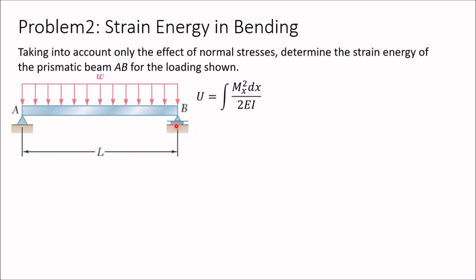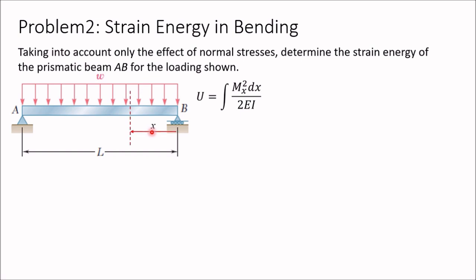Now in this case you have to determine reactions either at A or B. I determined the reaction at B. This load is W per unit length for the entire length, so total load is W into L, acting at the centroid, and it will be shared by both A and B equally. So this resultant will be WL divided by 2.